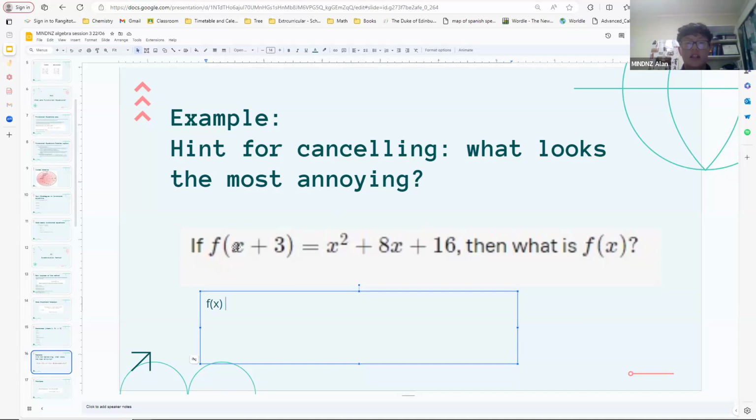It would be x plus 3, right? Because it's telling us the value of f of x plus 3, but it's not telling us the value of f of x. So how do we get rid of this? We just plug in what number or what value? Can someone tell me in chat?